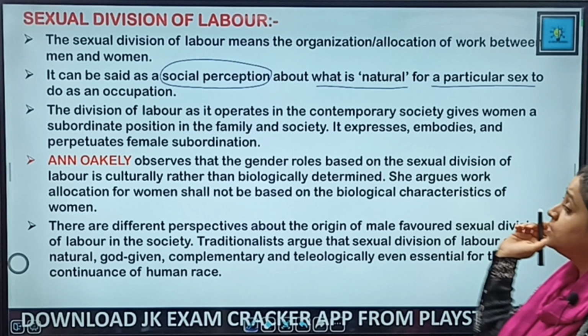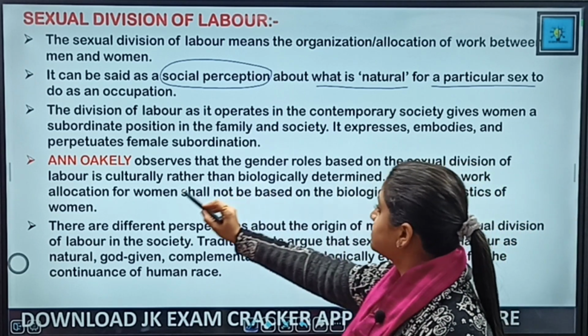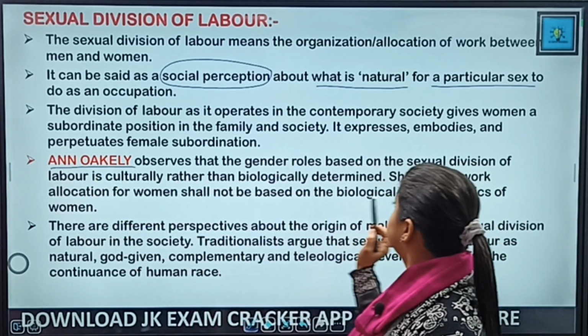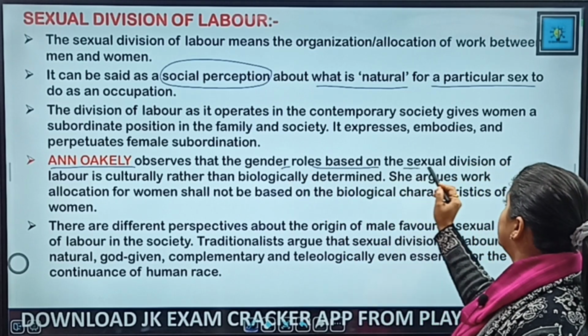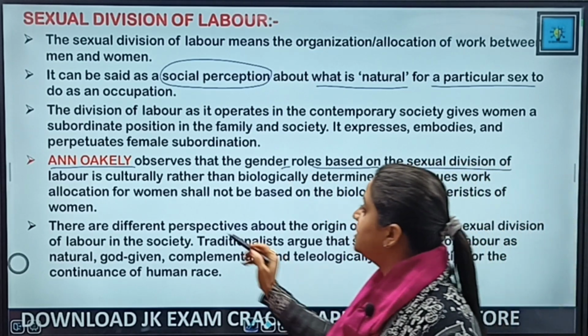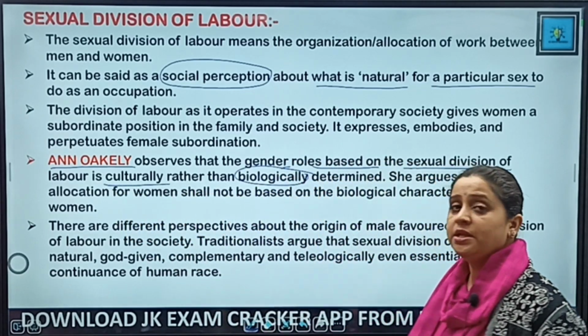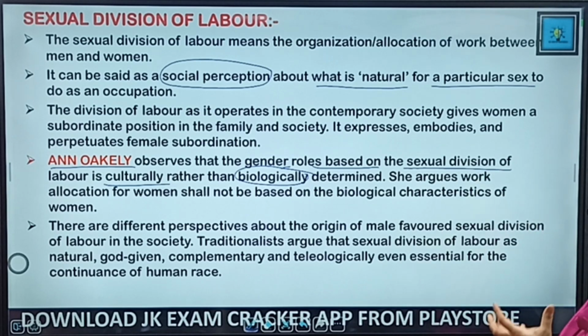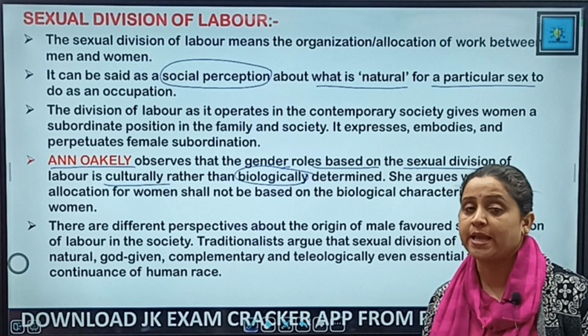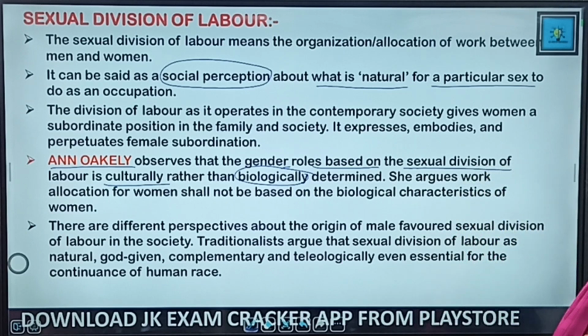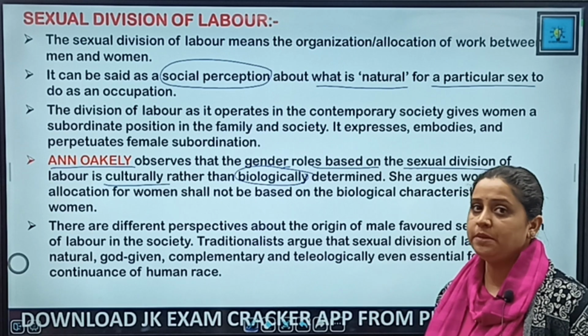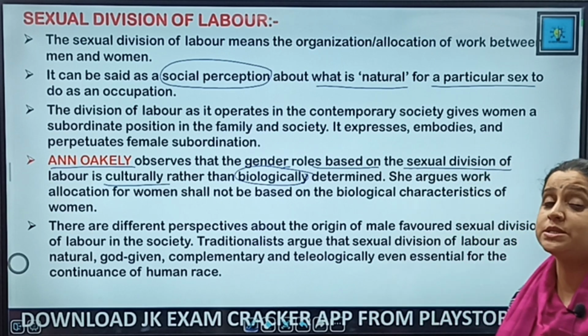तो Anne Oakley कहती हैं, very important name this is, she says that gender roles are based on the sexual division of labor and this is cultural, this is not biological, because till very late it has been considered to be biological, that biologically women are a weaker sex, so they are not capable enough to do the heavy tasks like that of an engineering or a pilot or maybe एक army officer, वो नहीं बन सकते because उनके लिए ये physically possible नहीं है.